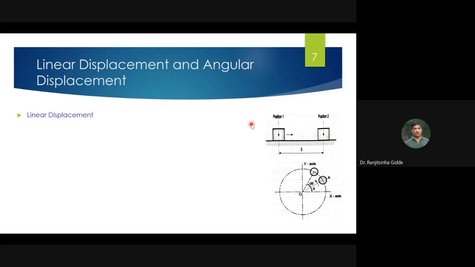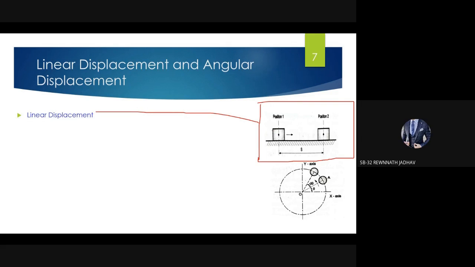So I request all the students, whatever diagram is displayed on the slide, whenever I request, you should draw it in your notebook. So first write linear displacement and draw this diagram. This one only. Draw this diagram. Completed.